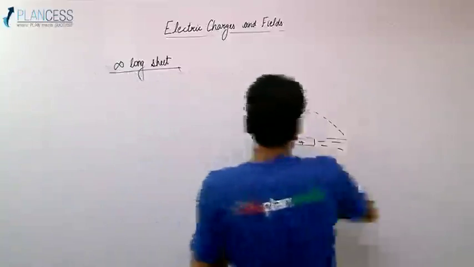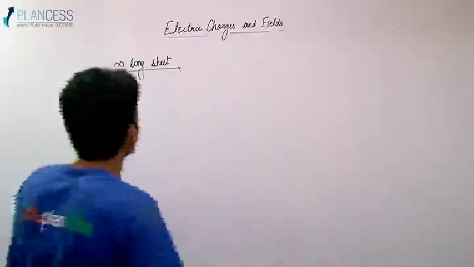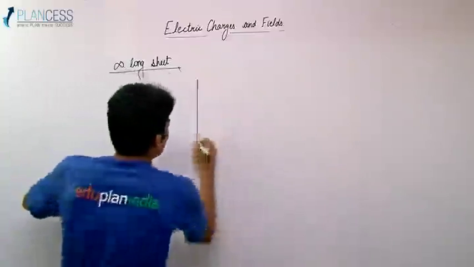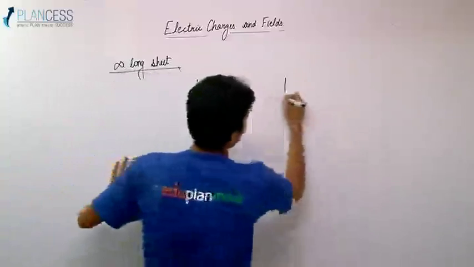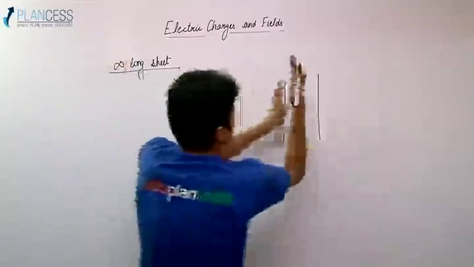Now, an interesting question based upon this. Let us say you have 4 infinitely long sheets like this. They are placed like this.